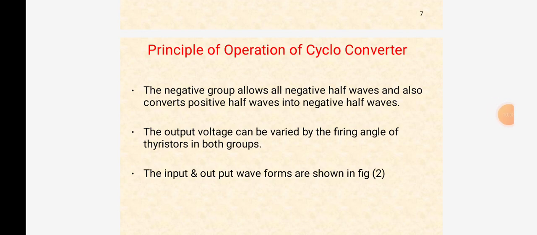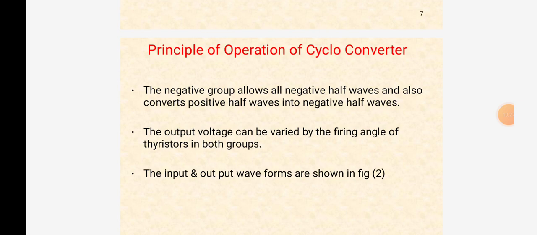Now, the principle of operation of cycloconverters. The negative group allows all the negative half waves and also converts positive half waves into negative half waves. The output voltage can be varied by the firing angle of thyristors in both groups.